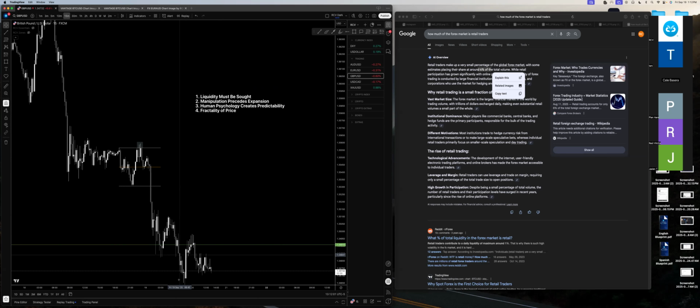The reason these are so important: liquidity must be sought. What is our framework? DLE. We have the map, the timing, and then the entry vehicle. But how I had it in book 1 was direction, liquidity, execution. We have where we're going.